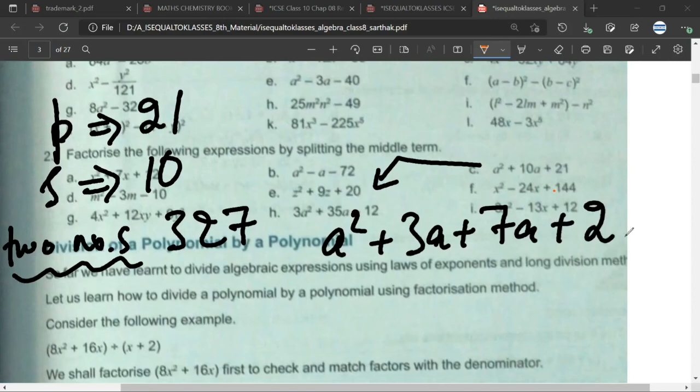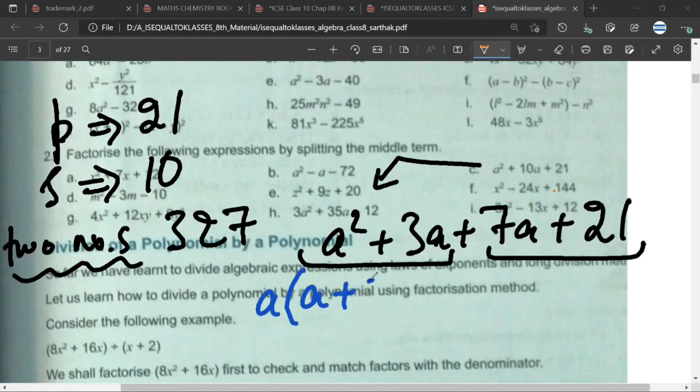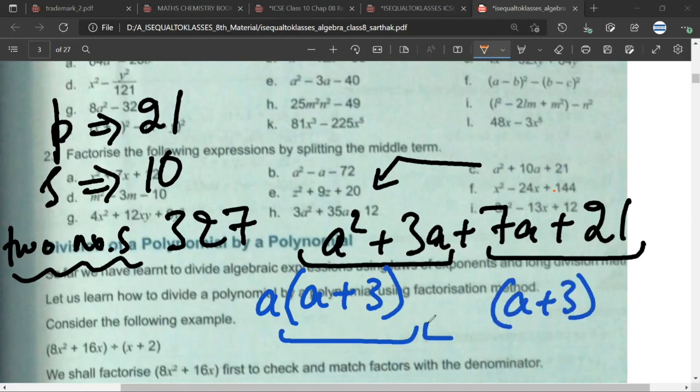Shabash. What should I do next? We'll find the common term, so that will be a. Then just copy this a plus 3 here. What should I write here, Mr. Sarthak? Plus 7. Shabash. Now I need to find the common factor between these two terms.